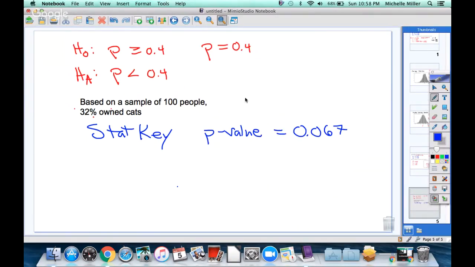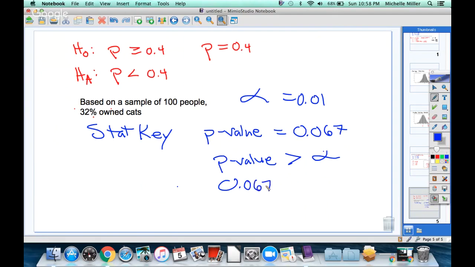Okay, so note, alpha was 1%. And in this case, my p-value is greater. So my p-value is greater than alpha, which means, hey, that's not unusual at all. If it's less than alpha, then it's unusual. So 0.067 is greater than 0.01.